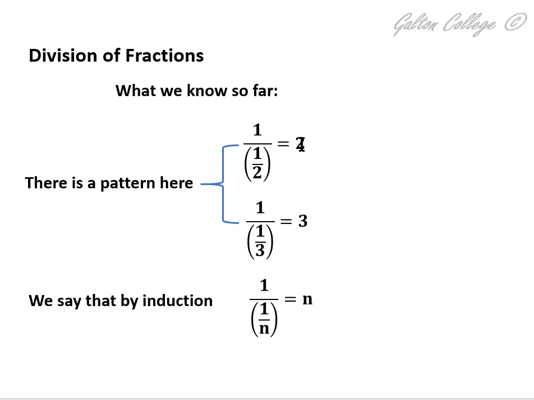There is a pattern. 1 divided by a half is 2, 1 divided by 1/3 is 3. Sometimes we'd say by induction, by just continuing to do it. We could do it for 1 divided by a quarter, 1 divided by 1/5. 1 divided by 1/5 is 5. How many 1/5 parts in 1? Well, it's 5. How many quarters in 1? 4. 4 quarters in 1.